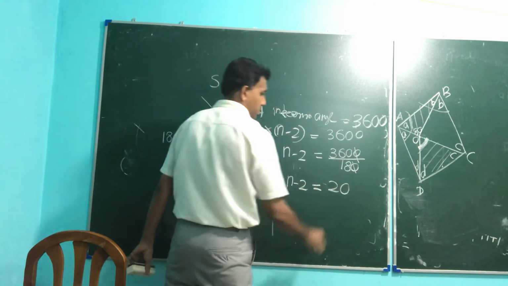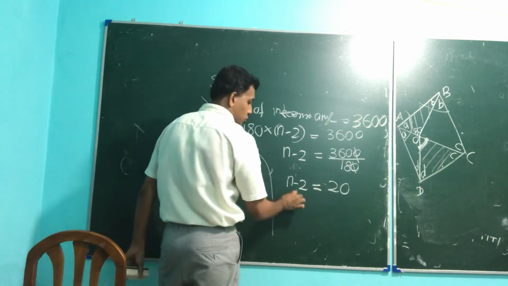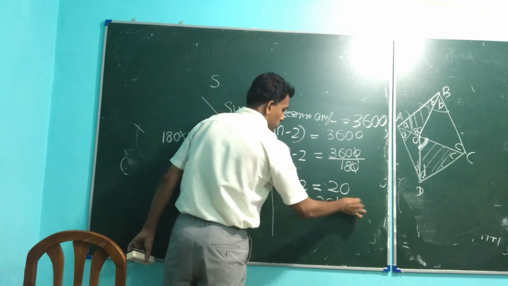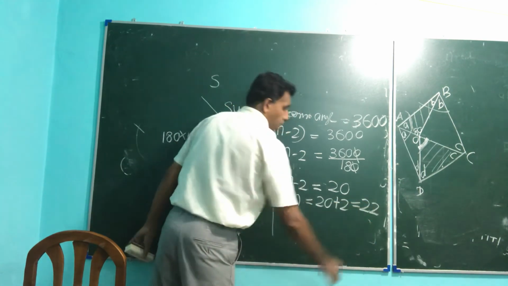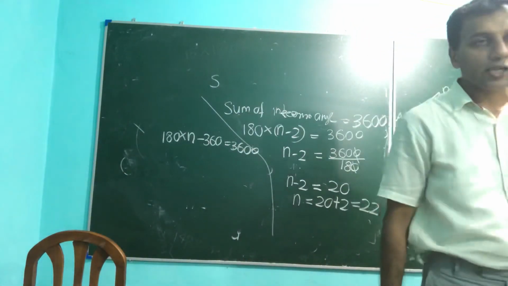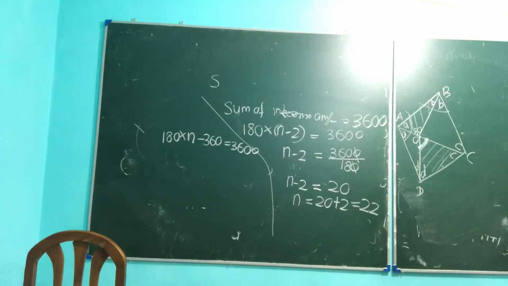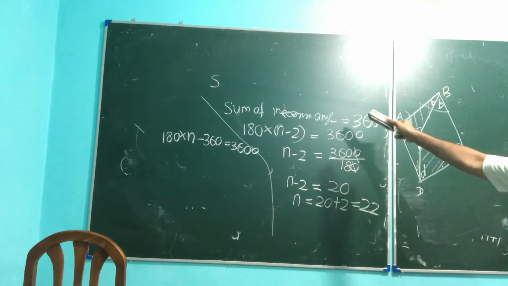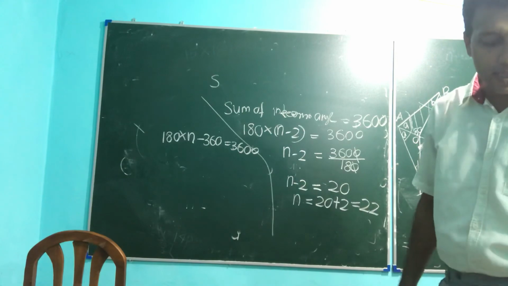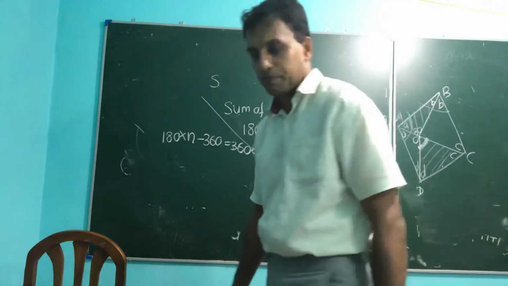So n minus 2 is 20. Take the minus 2 to that side: 20 plus 2, 22. It has a 22-sided polygon. Use this method or that method, it becomes the same answer. The methods can vary, but the answers are the same, right?